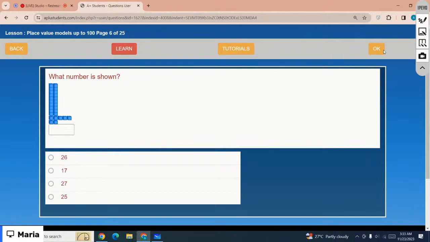You have two tens and one, two, three, four, five, six, seven ones. So together they make two tens and seven ones. They make 27. The correct option is 27, right? Okay, what number is shown? Which is the correct option?